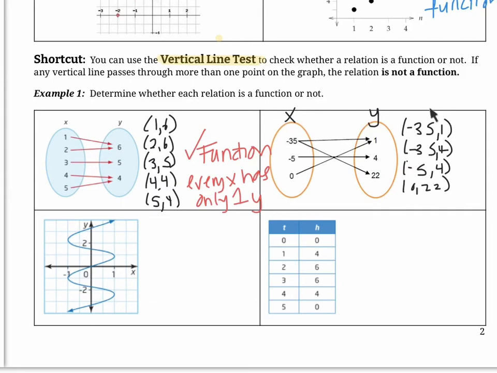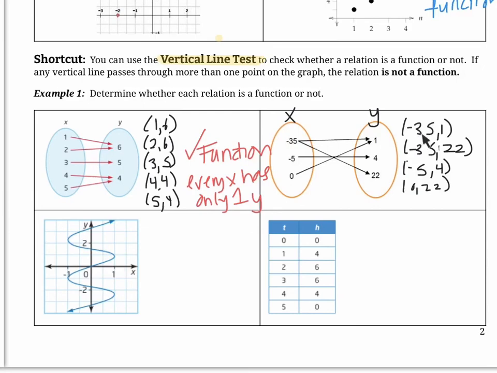If you need to see it as coordinate points, here they are. When I plug in negative 35, I get a 1. That's what this is saying. When I plug in a negative 35, I also get, oh, sorry, I put 4. It should be 22. Let me just erase that. I don't get a 4. I get a 22. Okay, there we go. So let's go over that again.